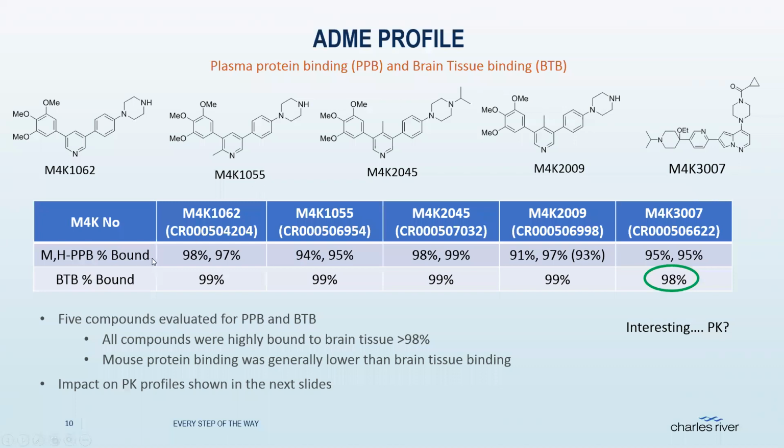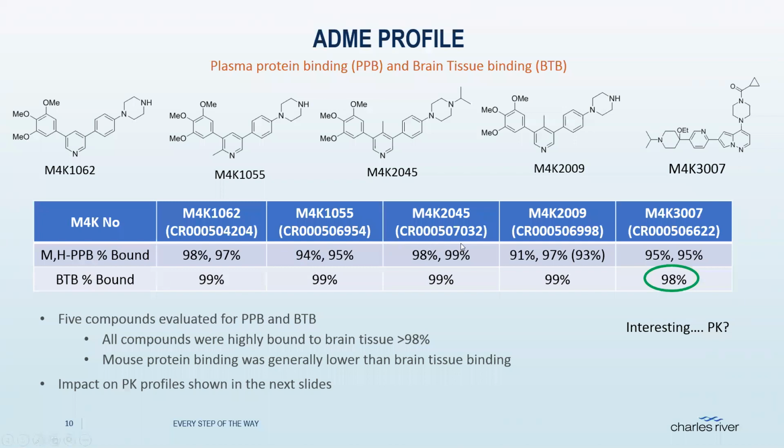The plasma protein binding numbers were pretty reasonable, we thought, for all of these compounds, but let's just focus on M4K 2009, because that's what the rest of our discussion should be about. Also 3007, and I'll get to that.